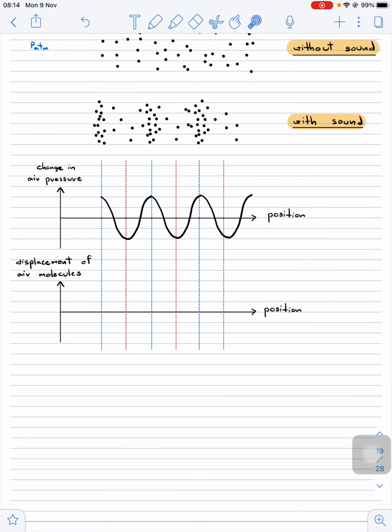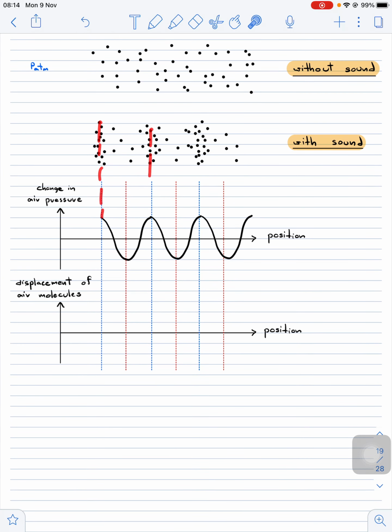At the compression, the pressure increases, so that's why it's going to be the crest of the graph. And then at the rarefaction the pressure will be decreased, so that's why the change in the pressure must be negative. So it's going to be this part.